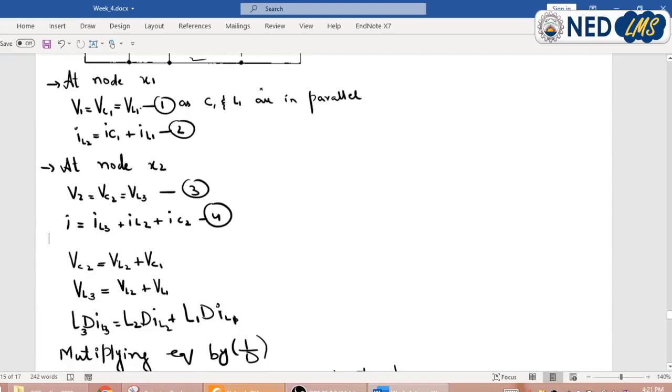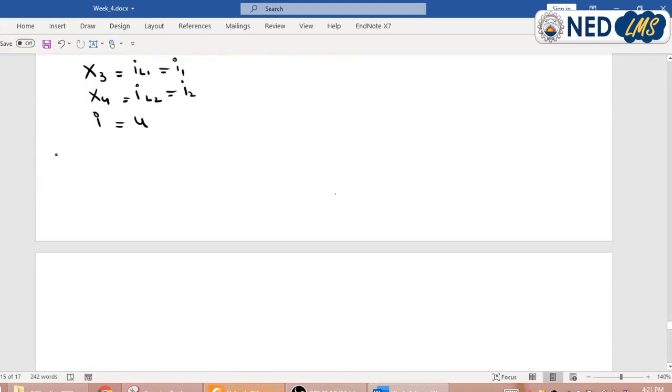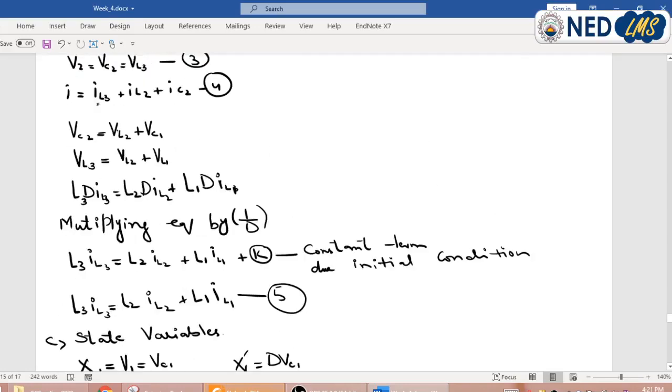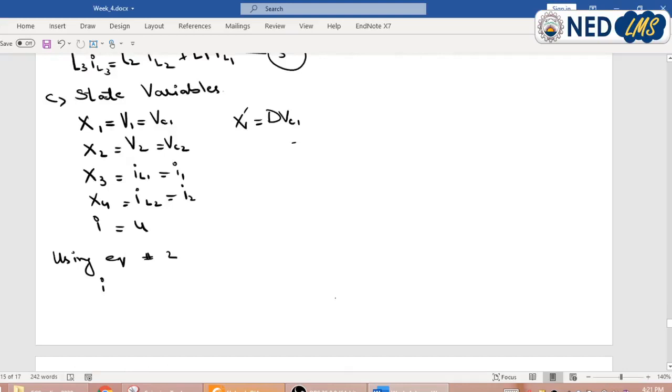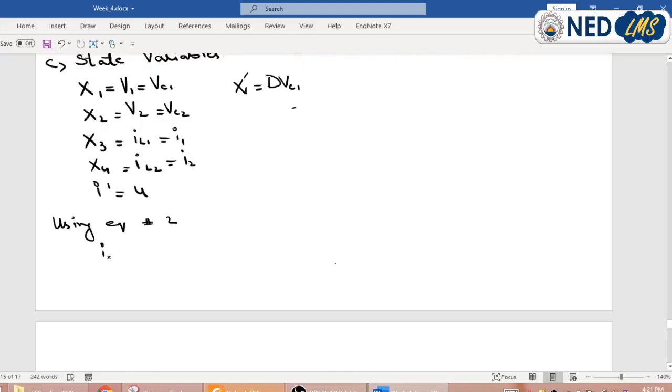Here I will copy this equation, so using equation number 2, IL2 is equal to IC1 plus IL1.